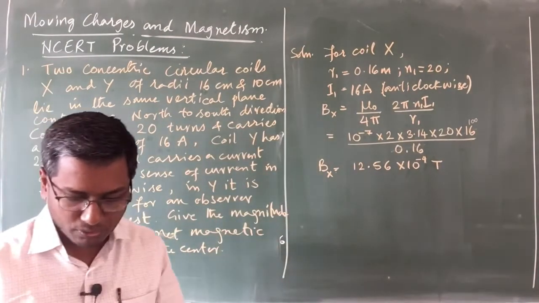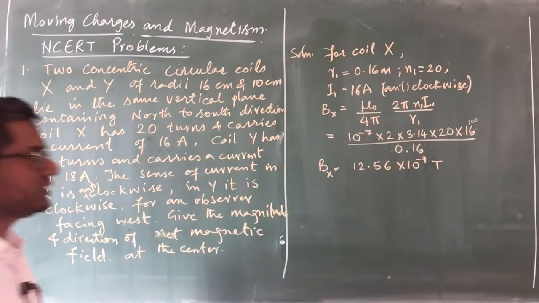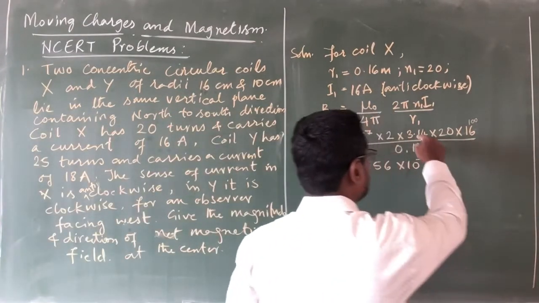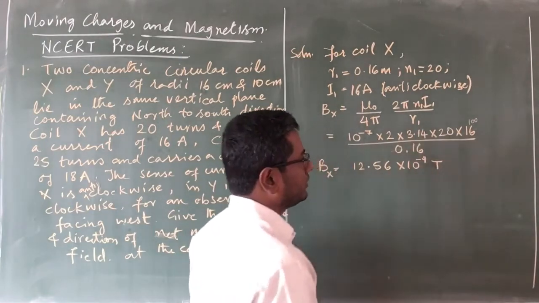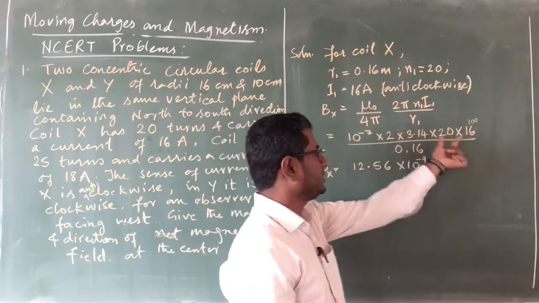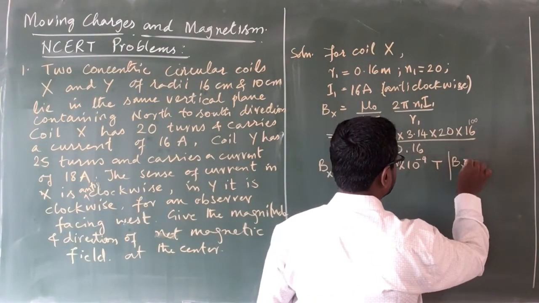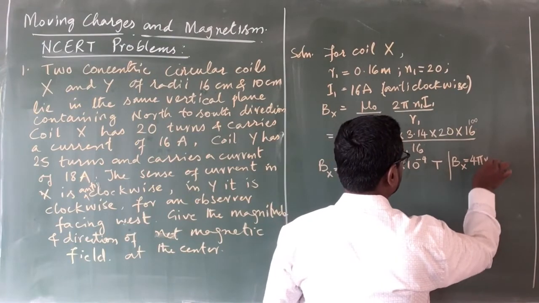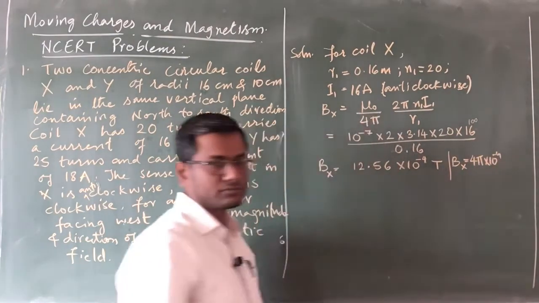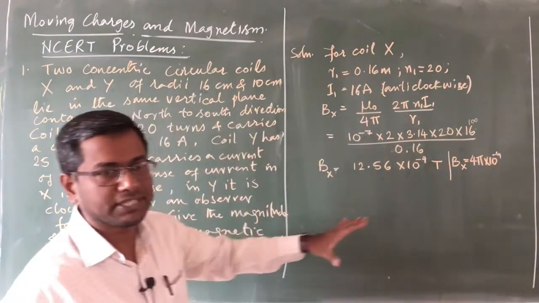Alternatively, one of the books gives the solution without substituting the value of pi. Instead of writing 3.14, they keep it as pi, so Bx equals 4 pi into 10 to the power of minus 4. Same thing, but they have kept pi as it is.